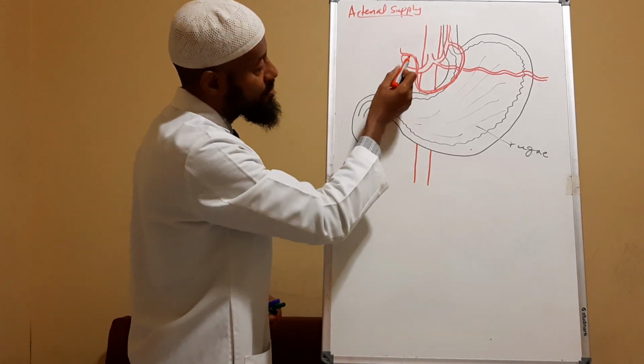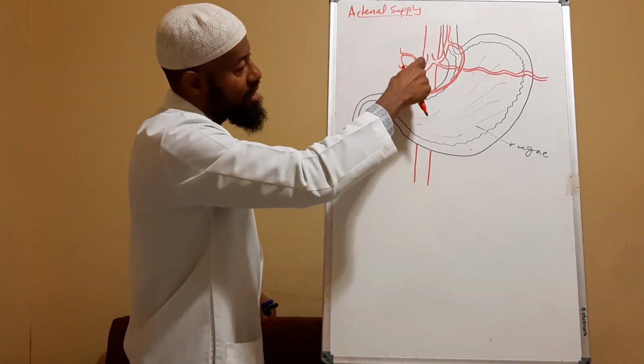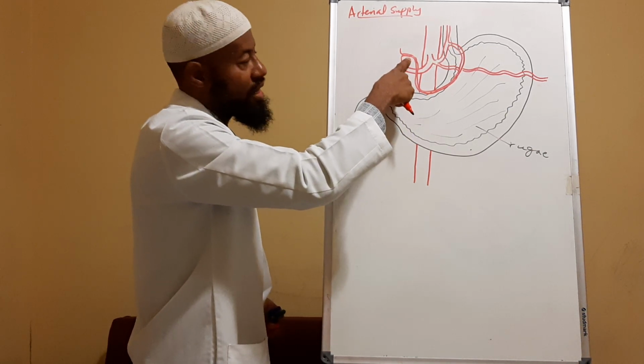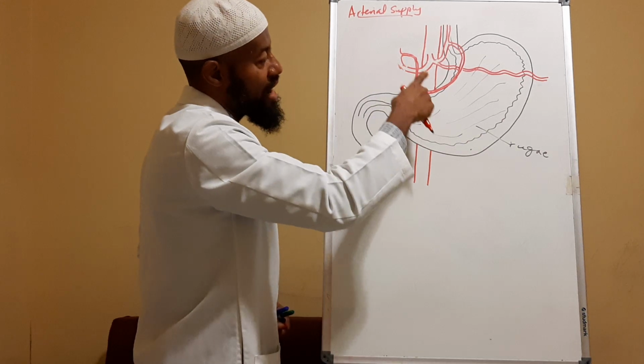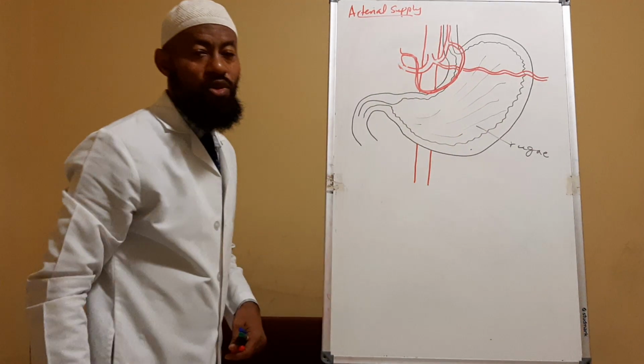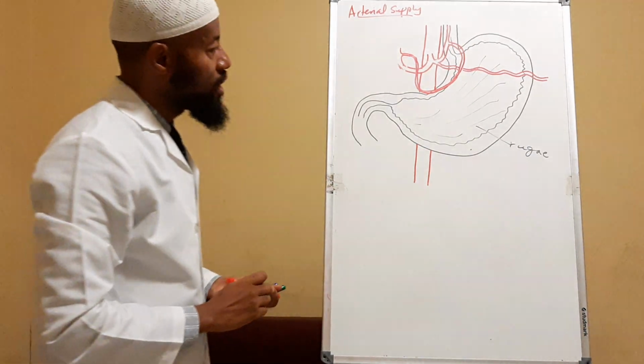So we see that the common hepatic artery gives this branch, which is the right gastric artery. The right gastric artery then anastomoses with the left gastric artery. Okay?